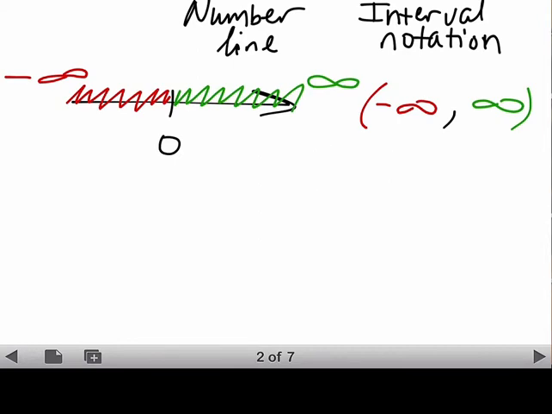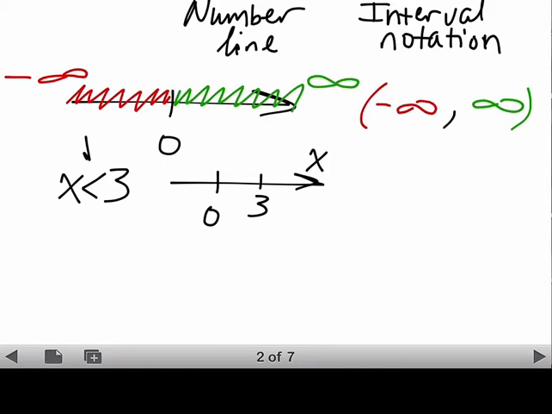Keeping this in mind, we can express something like x is less than 3 on a number line by indicating where the 0 is, and 3 is to the right of 0. Since the variable in consideration is x, I'm going to label the number line x. And because this is x is less than 3, you might see this written using an open circle and then shaded to the left.